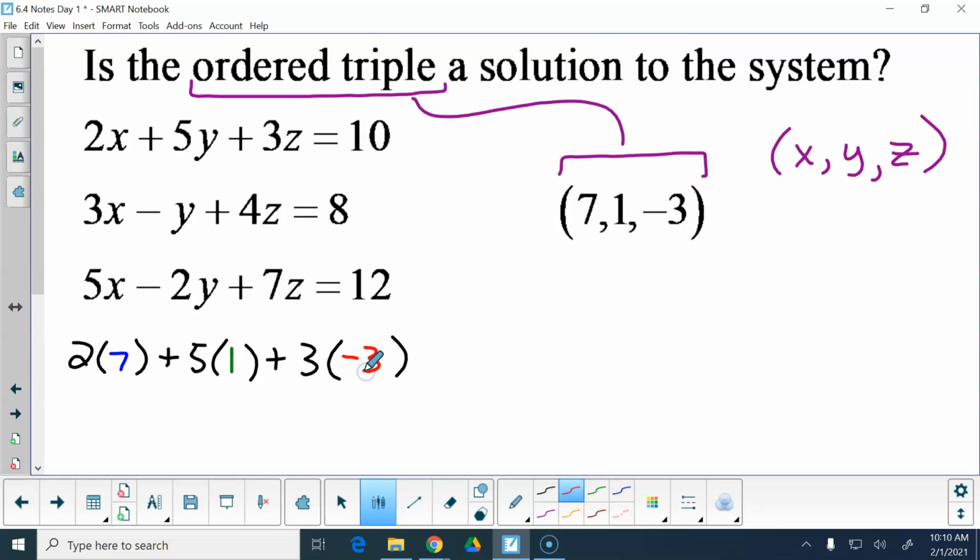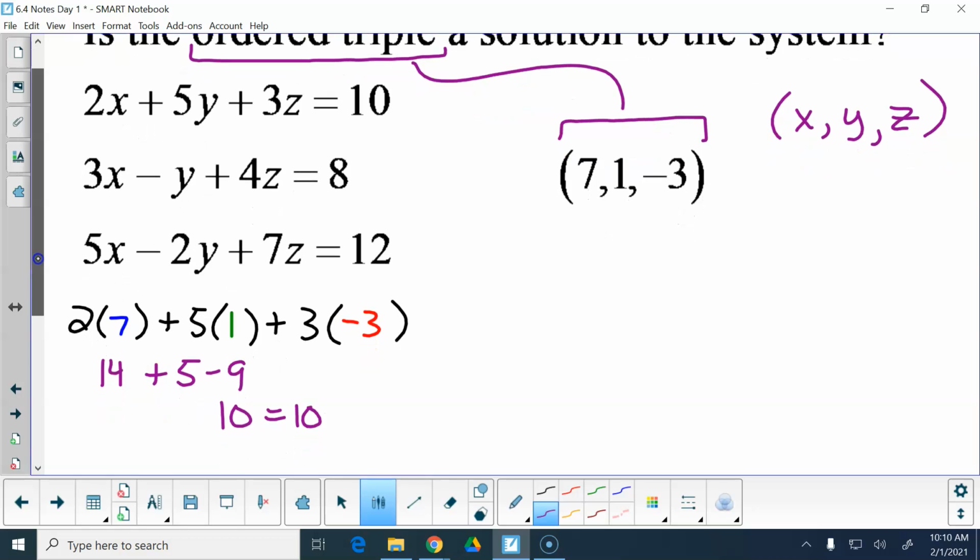That's negative 3. 2 times 7 is 14. 5 times 1 is 5. 3 times negative 3 is negative 9. 14 plus 5 is 19. 19 minus 9 is 10. And 10 is equal to 10. So it checks out in the first one, correct? So that means we have to go to the second one.